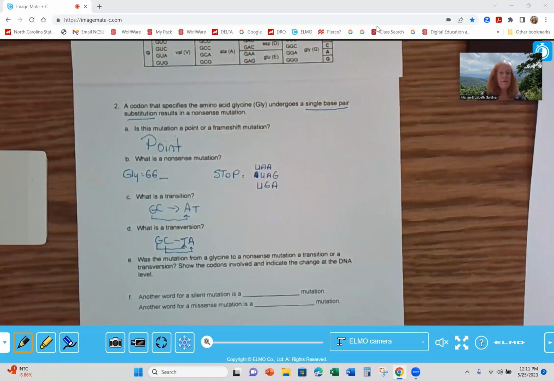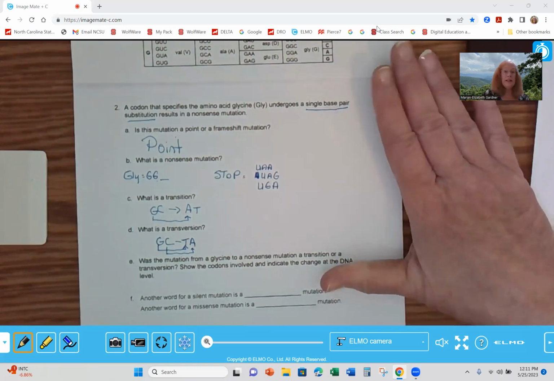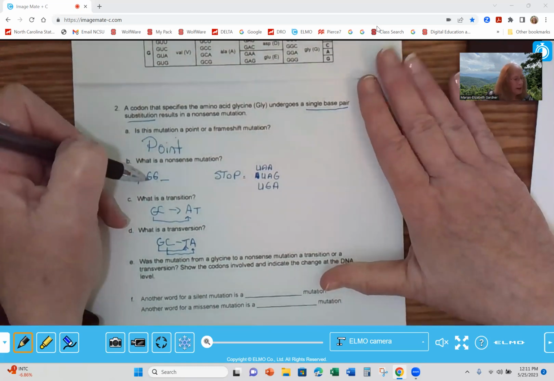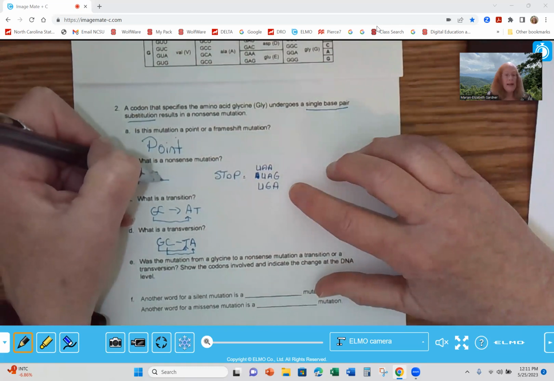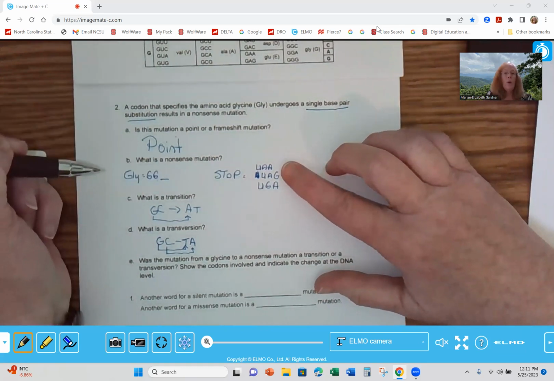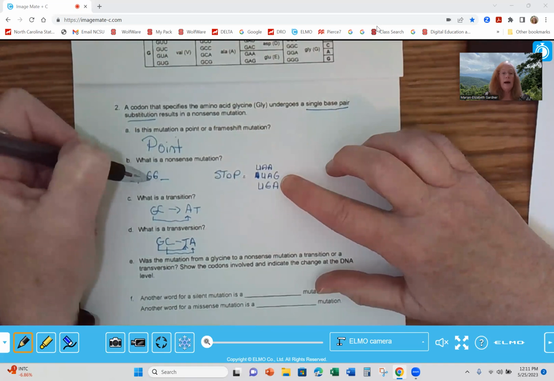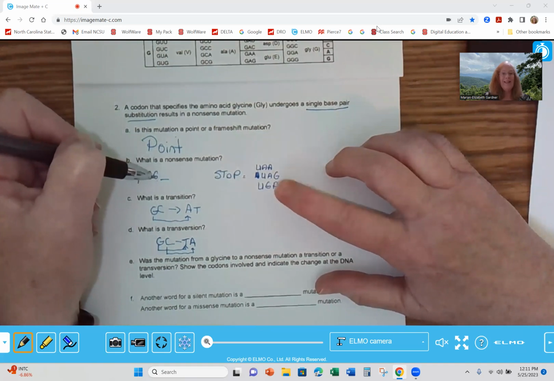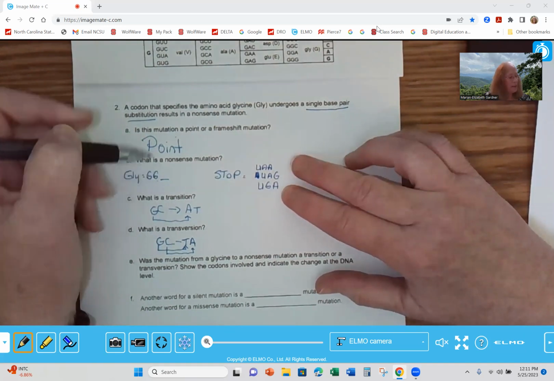So was the mutation from glycine to the nonsense mutant a transition or a transversion? Now we need to look at these codons a little bit more carefully. GG anything codes for glycine. We want to change only one of these three letters and get to this last stop codon.